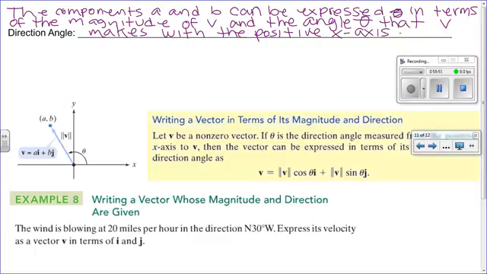So just like angles that we consider to be in standard position, so you start with the positive x-axis, and then the other side of the direction angle, this is what will be the direction angle. It will come from that positive x-axis, and the terminal side of the angle will be the vector itself.